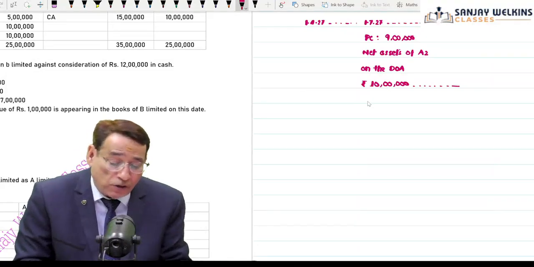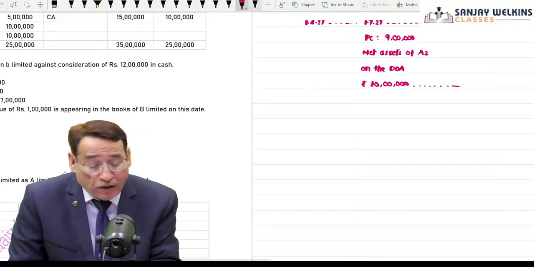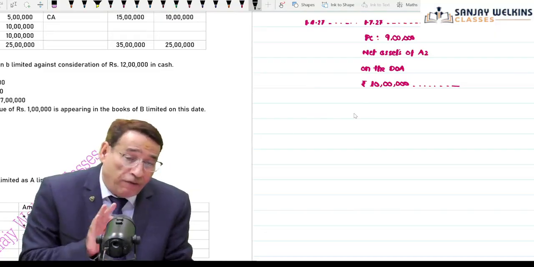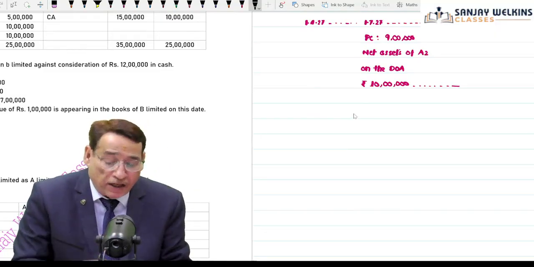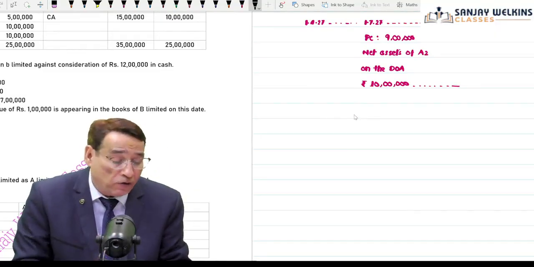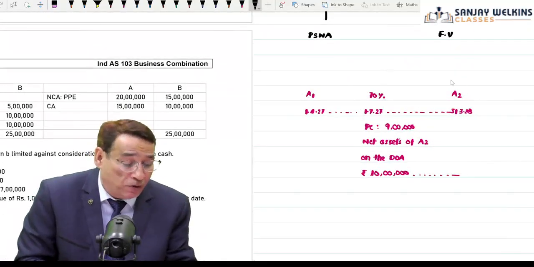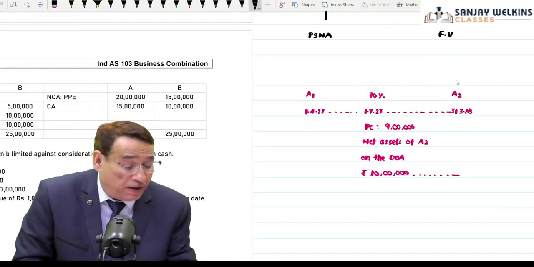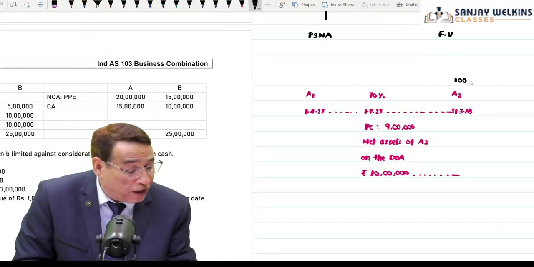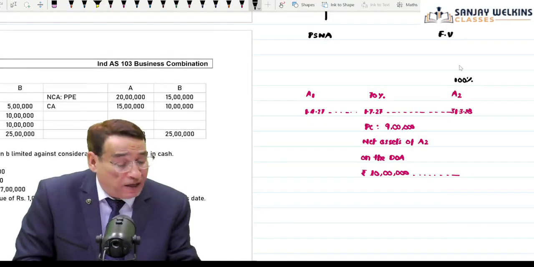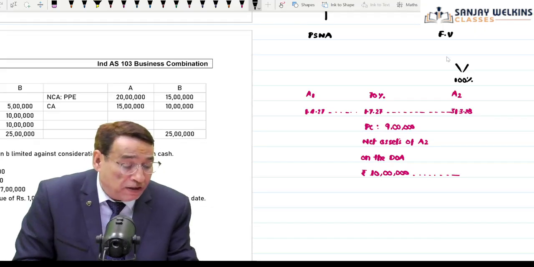Now pay attention. Suppose I want to compute the amount of NCI. What do we mean by that actually? You must understand that first of all, you have got 70% control in this particular entity. That means the total share capital of A2 is 100%, and out of 100%, A1 has 70% stakes.